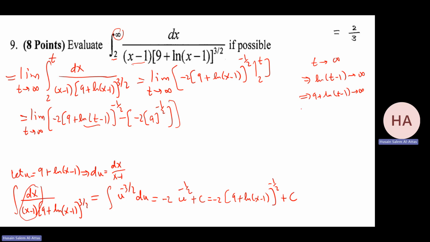But I have a negative power. So this one, to the power minus half, goes to 0. So I have 0 here, that will be 0 plus 2/3, which is 2/3, and this is my answer.